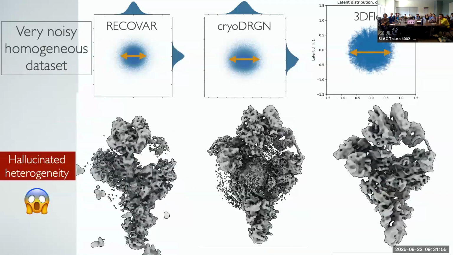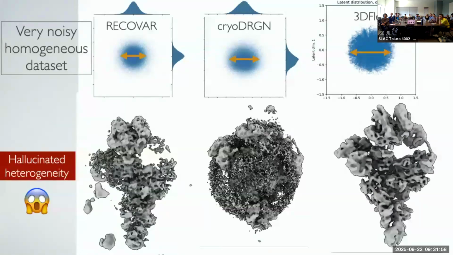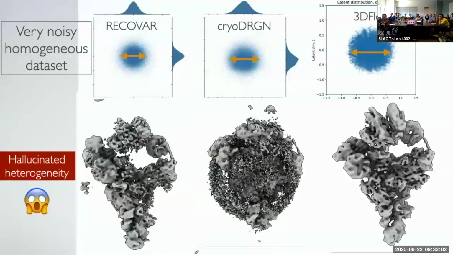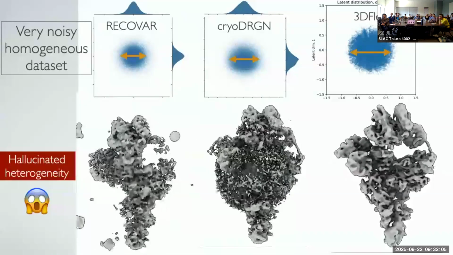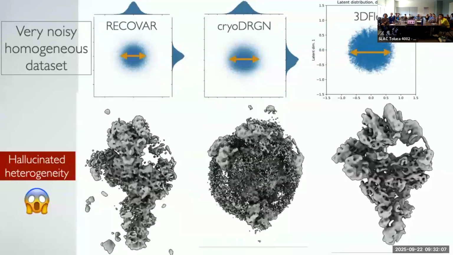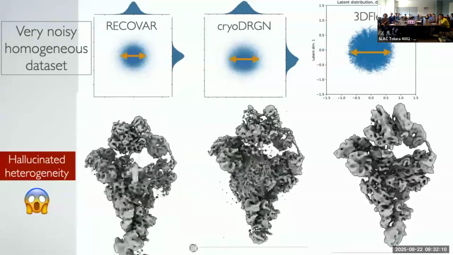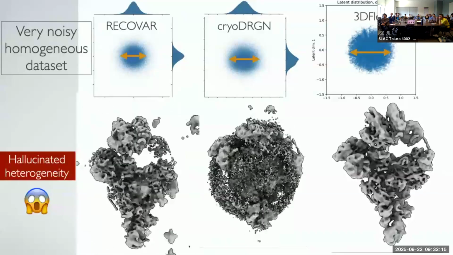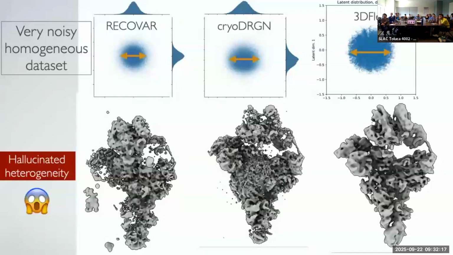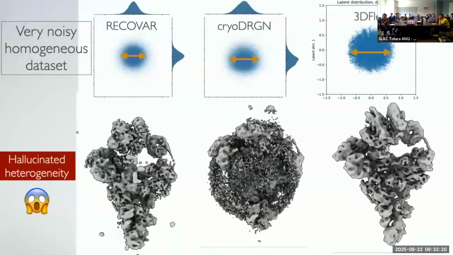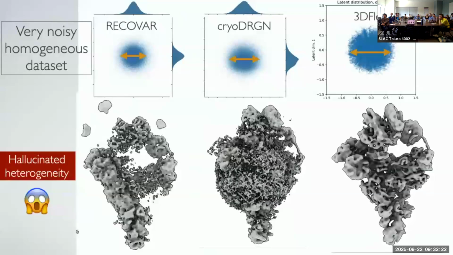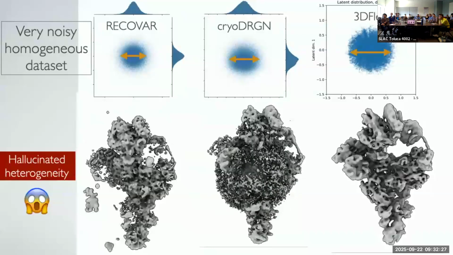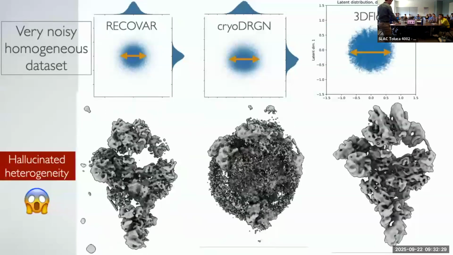So there is a single conformation, but they're heterogeneity methods, so they'll try to estimate some conformations. And what you see is that for RECOVER and CryoDRGN, these two methods will basically give you some weird artifacts, which is not great, but maybe not that bad. But then if you use 3D Flex, which is a neural network that tries to model deformation explicitly, it comes up with a completely physically believable deformation that looks wonderful, but is entirely hallucinated.